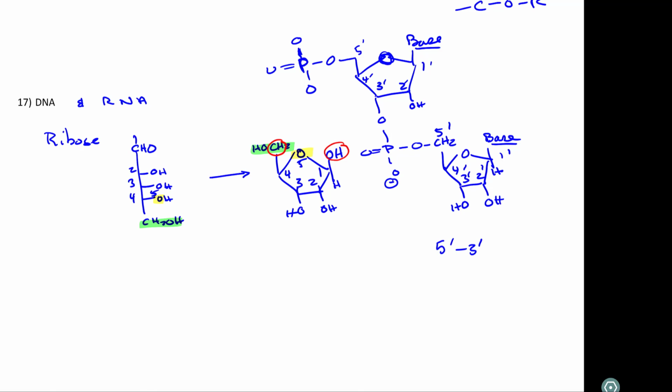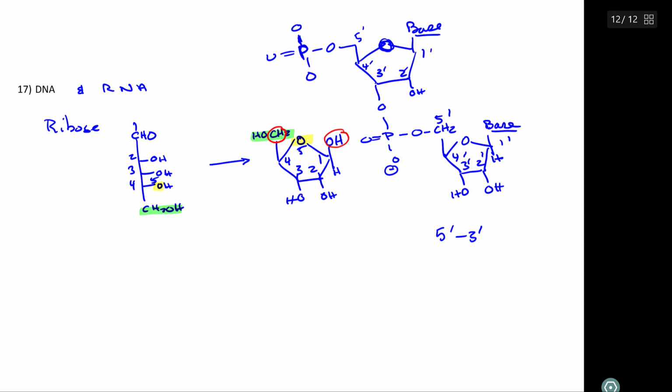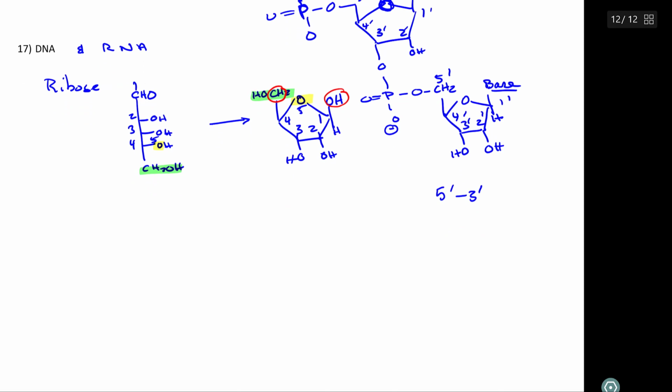Okay, so now then there's DNA, and DNA is deoxyribonucleic acid. And the way that it's deoxyribo is because if you're looking at the ribose that makes up DNA, there's no OH group here.